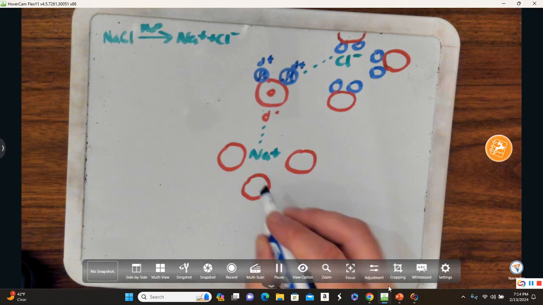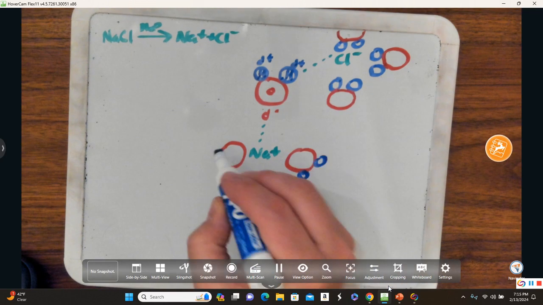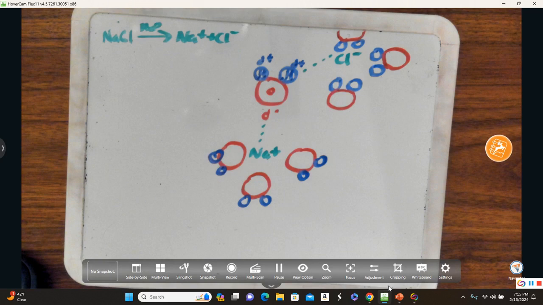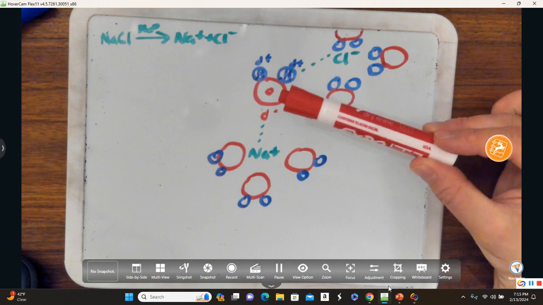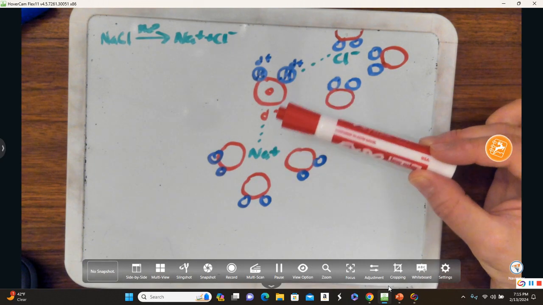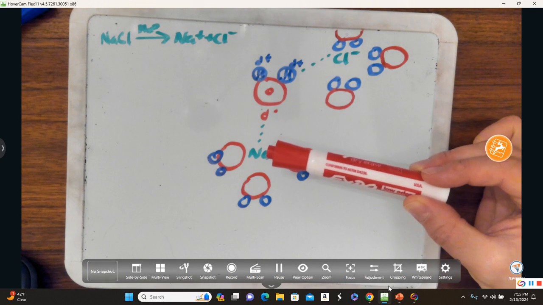So it's going to do that over here. Now remember, what is happening here is when you dissolve things, water molecules are being expended to keep them dissolved.